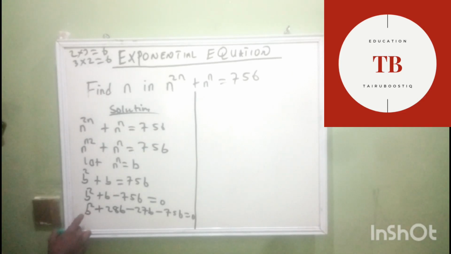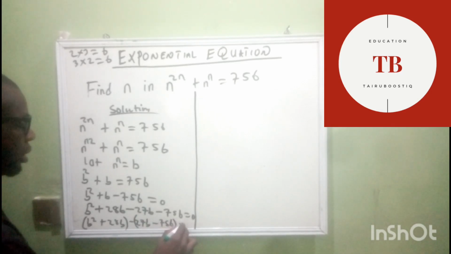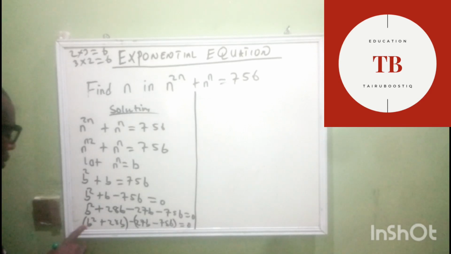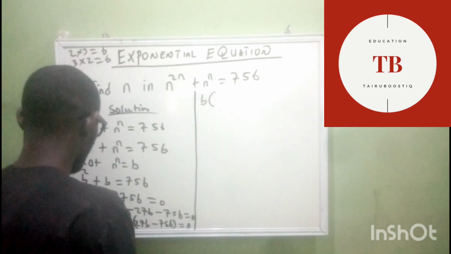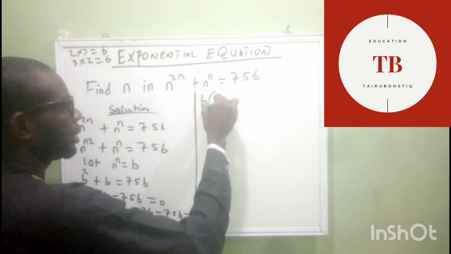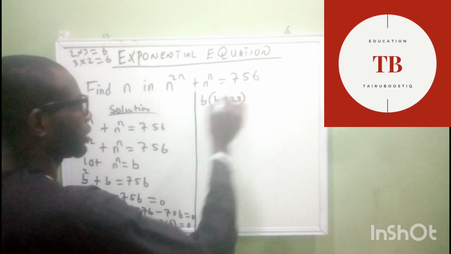From here, what do I have in common? I can say b squared plus 28b, close bracket, minus 27b and 756, close bracket, equals 0. Now both of them have b. I'm going to factor b out, then I'll put b inside, plus 28.